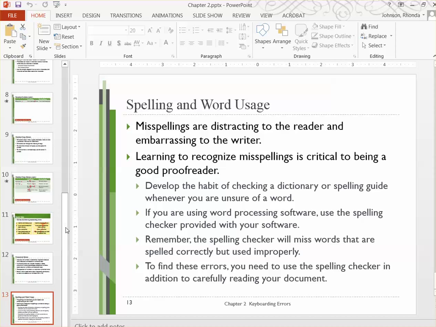Before your company ever sends something out, they should have someone who is good at being able to identify and correct errors. So you want to make sure that if you're going into business, not even as an admin, but especially as an admin, you need to be on top of your game when it comes to spelling, punctuation, grammar, all of that.